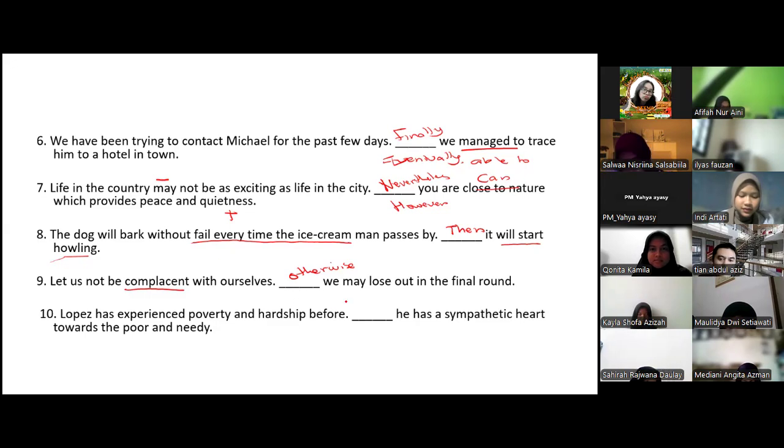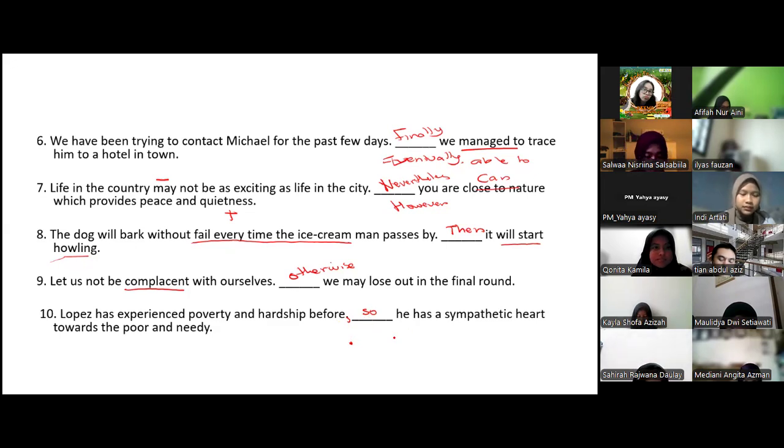For example, if we change this dot into a comma, you may use so. But if the first sentence is ended by a dot, you have to choose other connectors other than so.